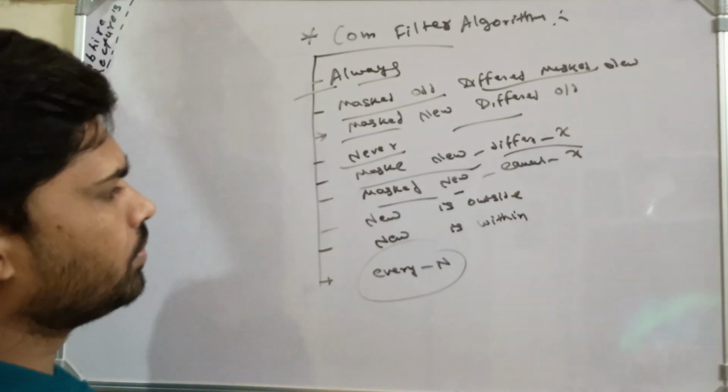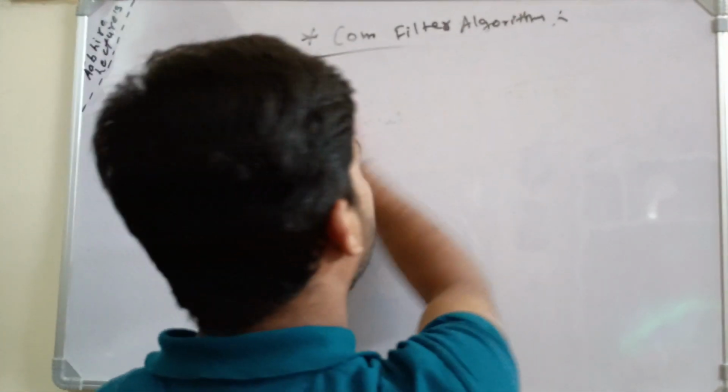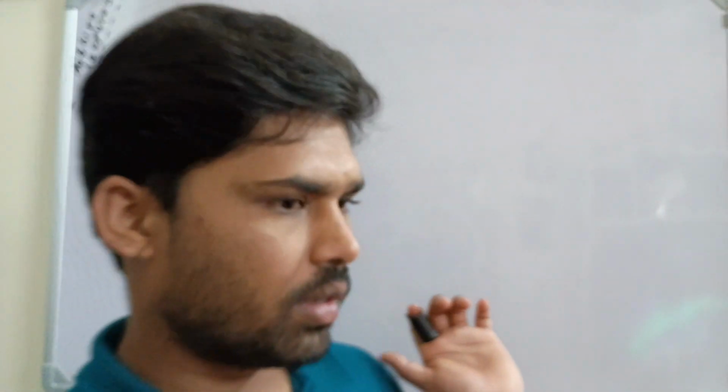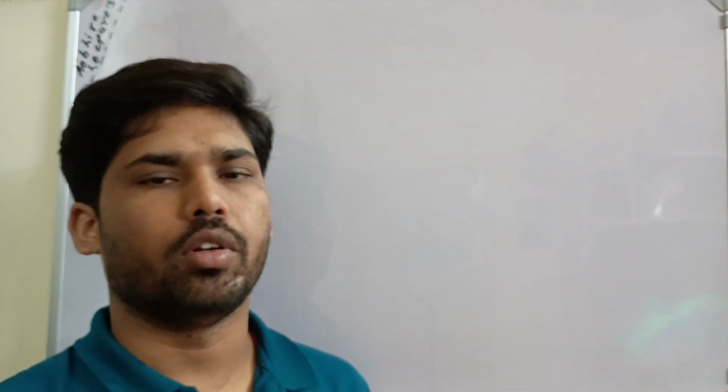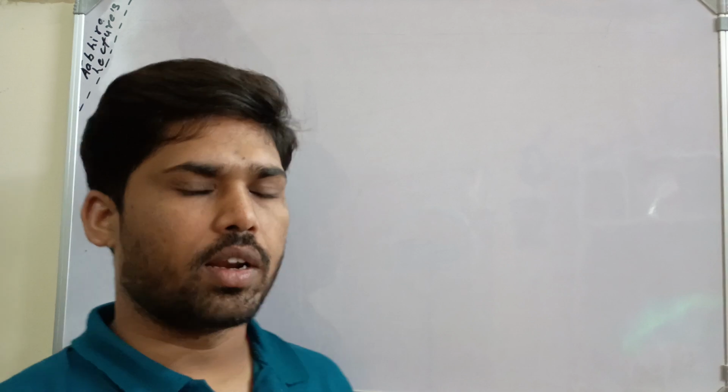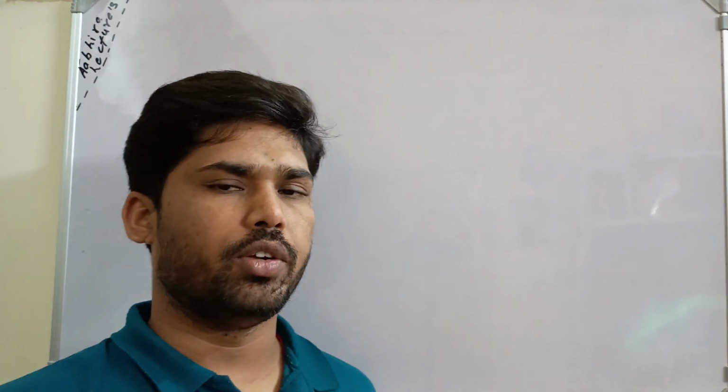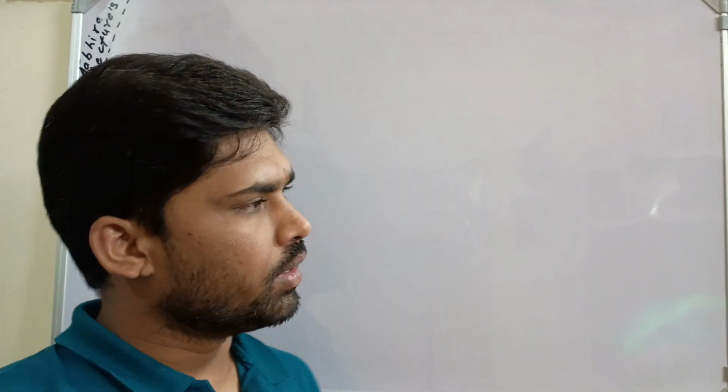So this COM module is completed. These are all the parameters which come under the COM module: com signal, com signal group, com IPDU group, with respect to the signal.